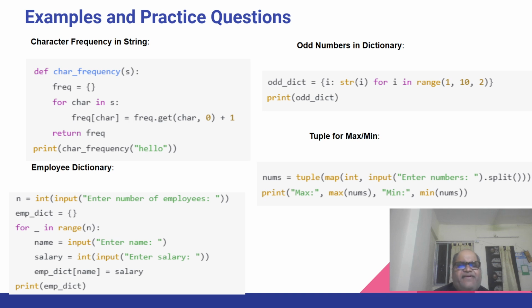You can print it. Odd numbers, how do you find odd numbers in a dictionary? As you can see, right, you are simply having a string representation of that number, right? Tuple for max min: if you have some numbers entered out here, you can find max as max of number and min as min of number.